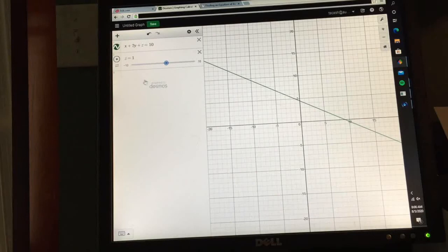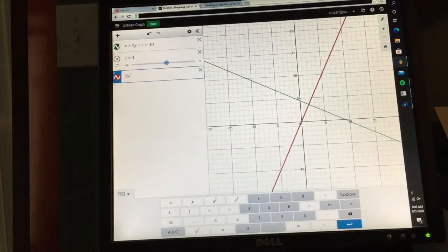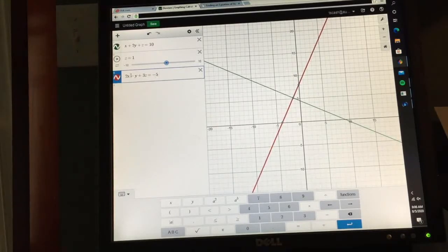Next thing you're going to do is click below so that you have another row, and you're going to put the second equation in. 2x minus y plus 3z equals -5. Now notice this time it didn't ask you for the slider z.